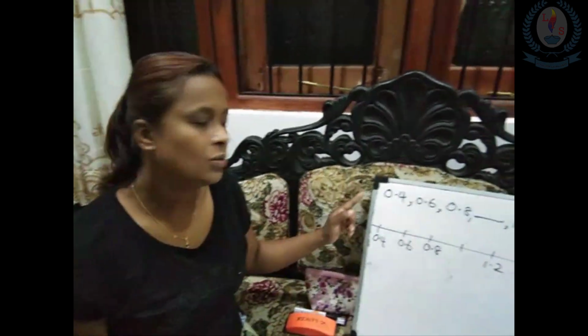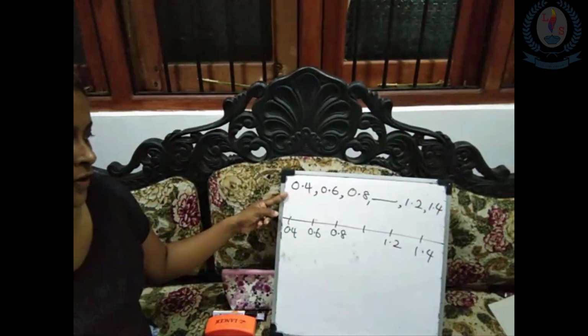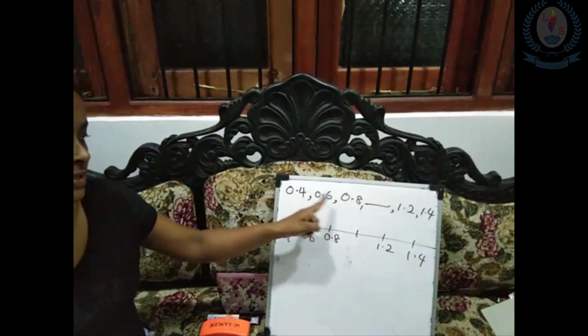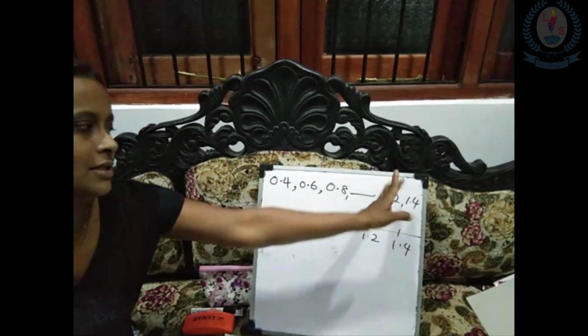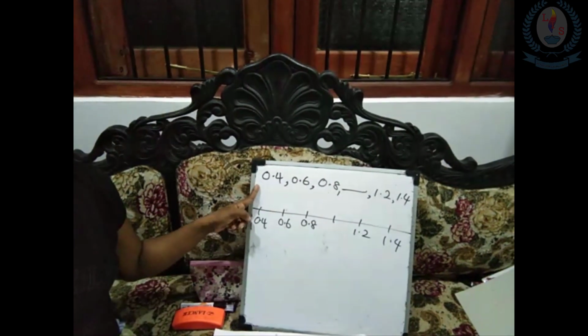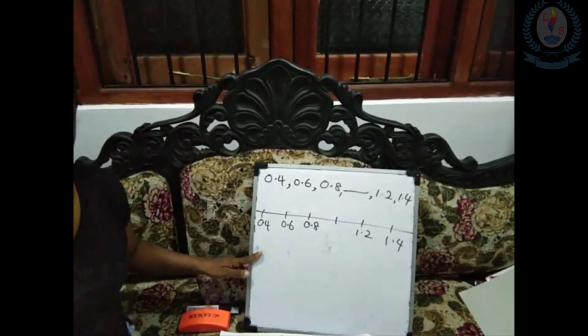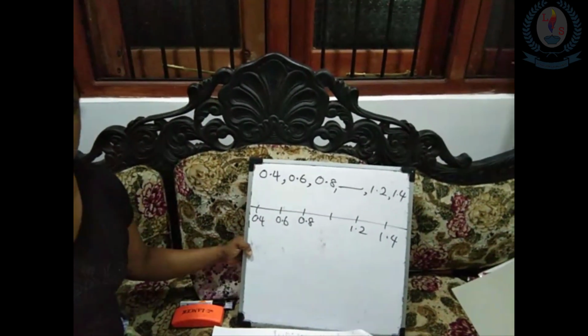Okay, now let's go into the number patterns. We will see how to complete a number pattern. Look at this number pattern: 0.4, 0.6, 0.8, blank here. First, let's use a number line to help us.